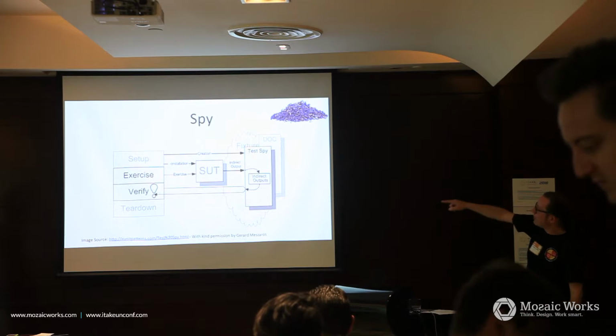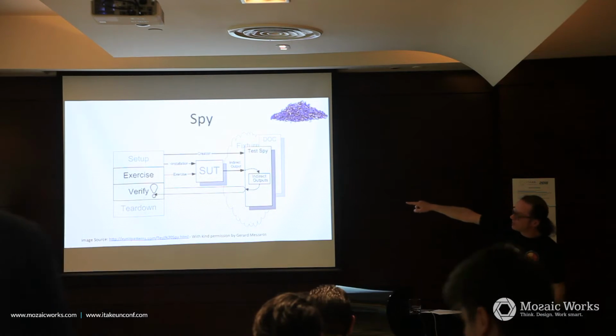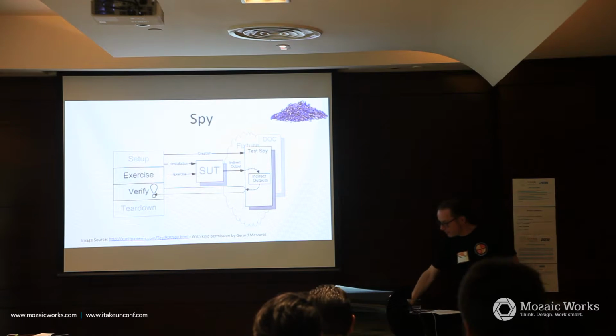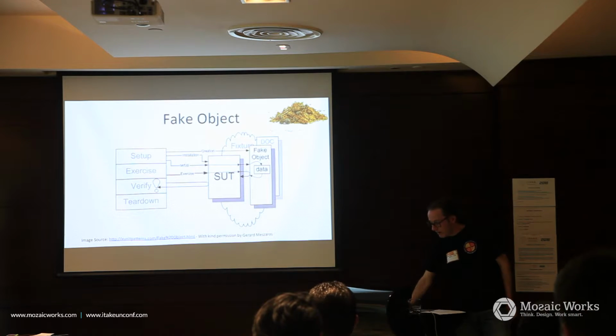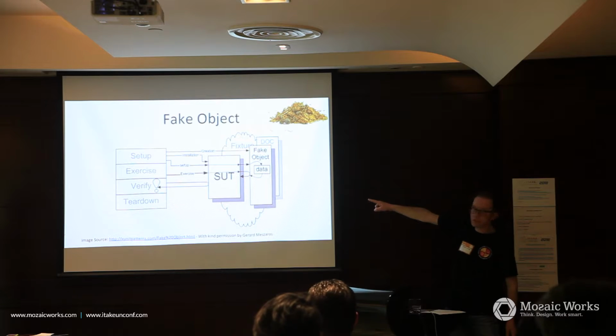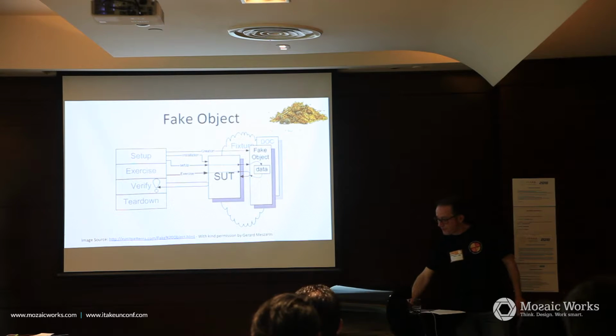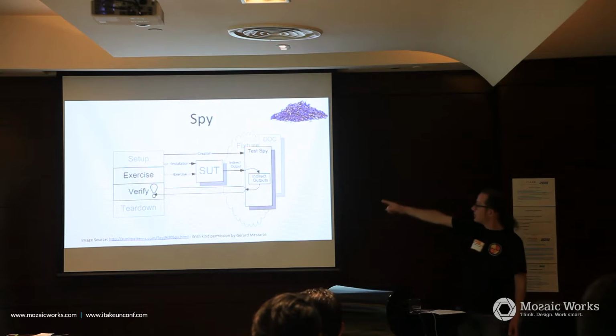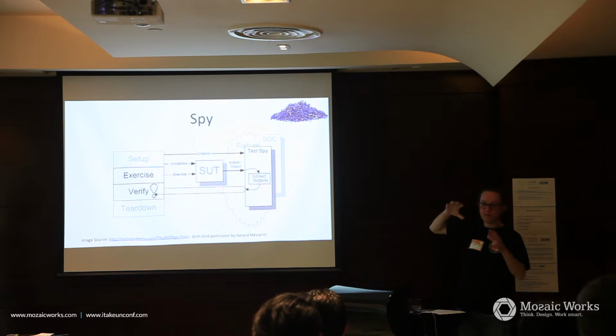So here we verify the spy and not the system under test. If you go back here, the verification goes to the system under test, and here the verification goes to the spy, which is the main difference.